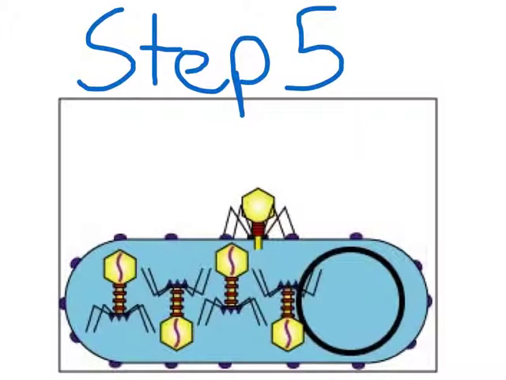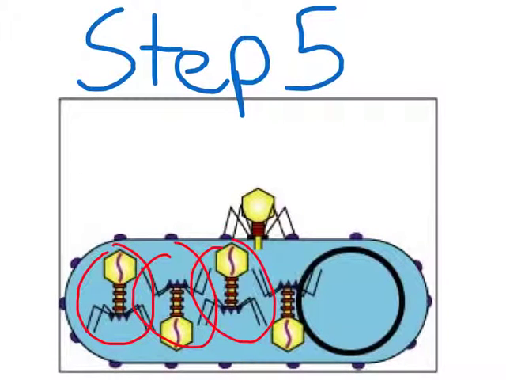Now step 5. Notice what's different in this picture. Notice that all of the virus parts have become assembled into new viruses. So step 5 quite literally is the host cell assembles or puts together new viruses.